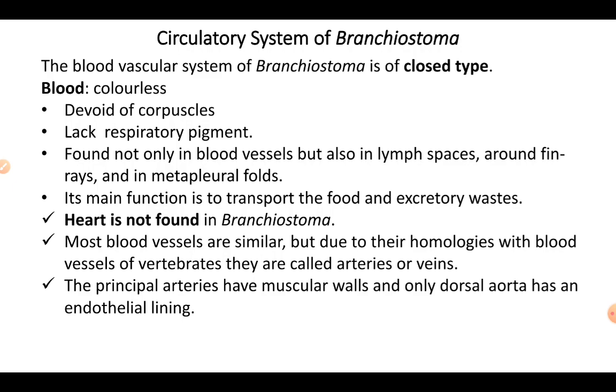The function of the blood here is mainly to transport food and excretory waste rather than bringing about gaseous exchange. So this is a very peculiar type of circulatory system that differs from other organisms.